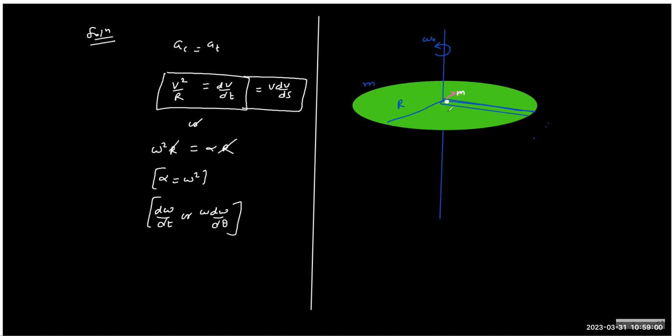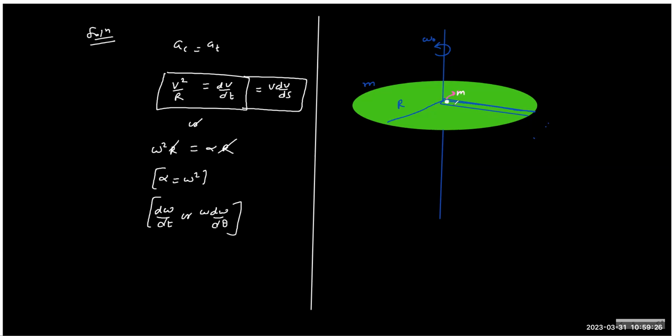So the centrifugal force will move it away, right? In the very beginning, the angular velocity is omega naught, but as you proceed, what will happen? So what do you think? Omega will decrease or increase? Decrease.